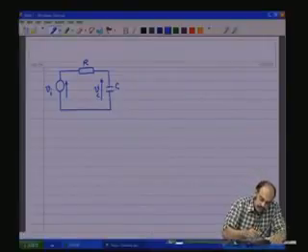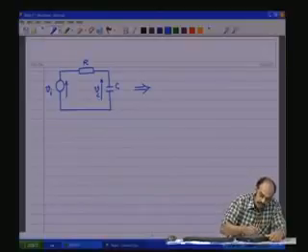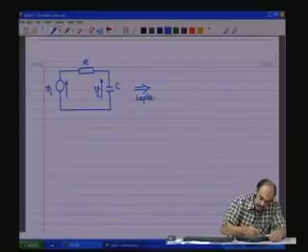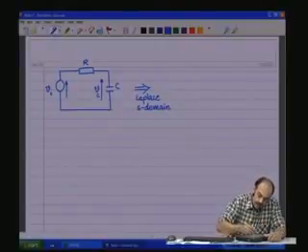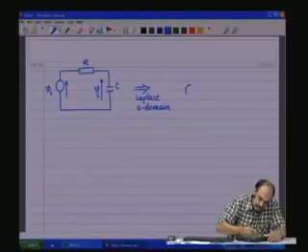Now, let us shift or represent it in the Laplace domain or the S domain, or even the pole-zero domain as we have been calling it. So, in the Laplace domain we still have the same topology of the circuit.